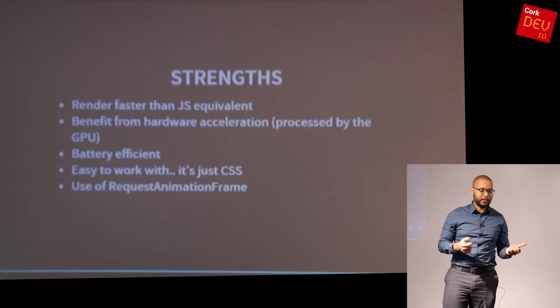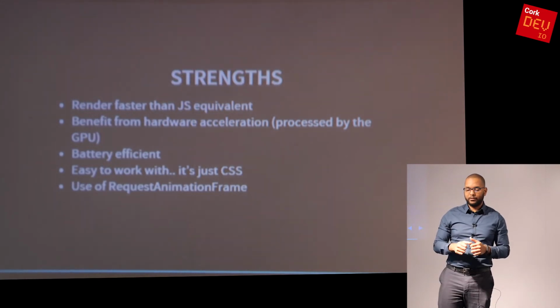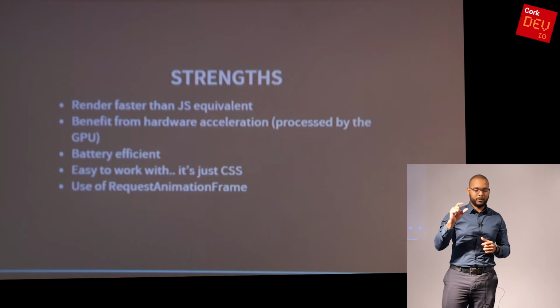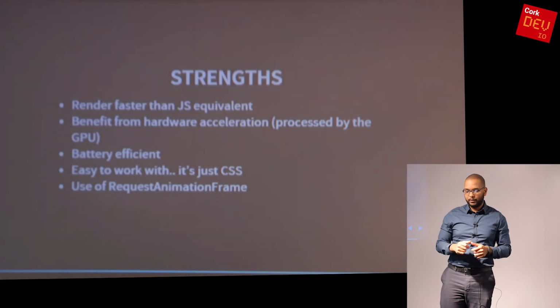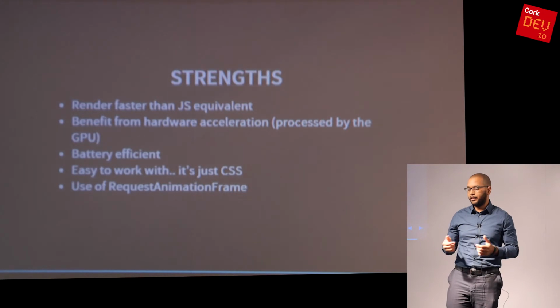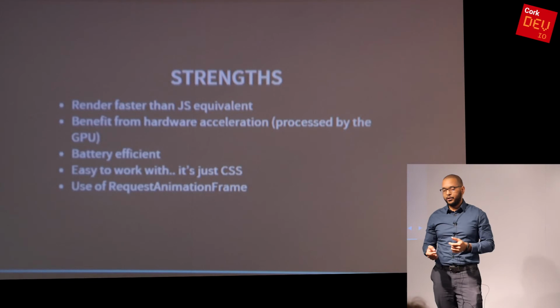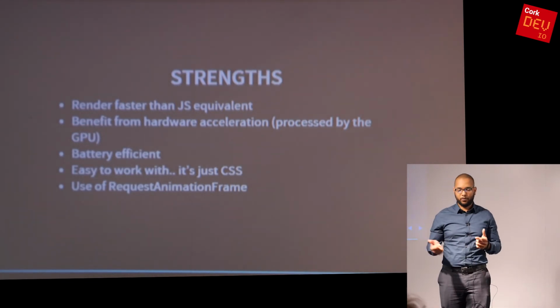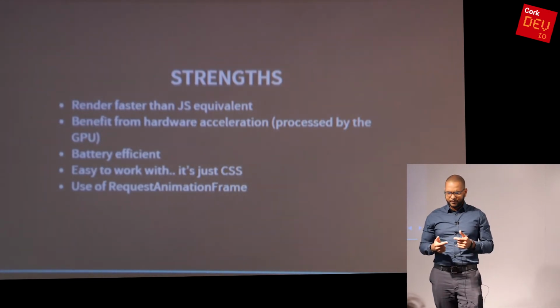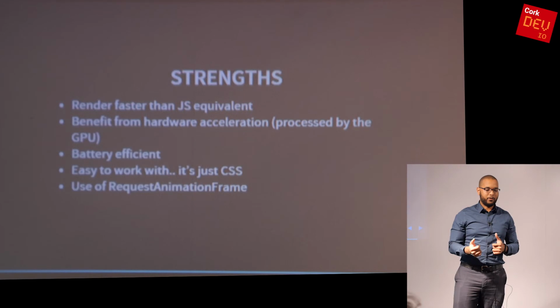For instance, a timeout just runs, but if the user is on another tab, or has the browser minimized, or the stuff you're animating is not in the viewport at that moment, the browser is doing a job the user is not actually seeing. The request animation frame won't animate it if the object is not in the viewport or if the browser is minimized. It will do the animation when it's ready to do it, not when you tell it to.